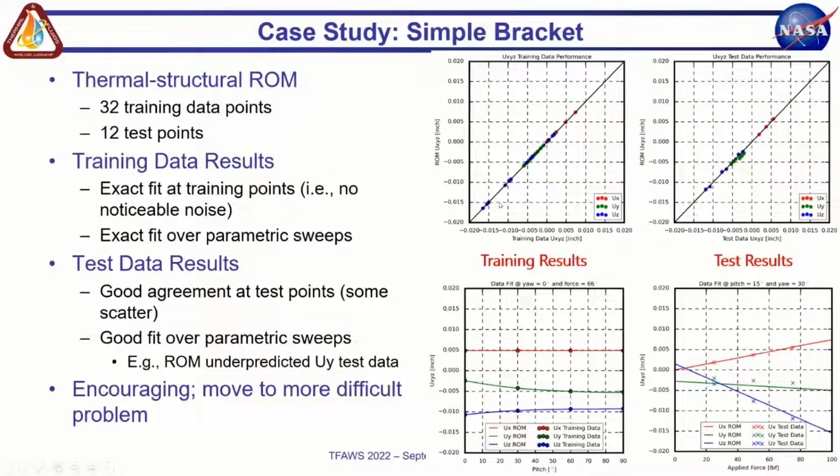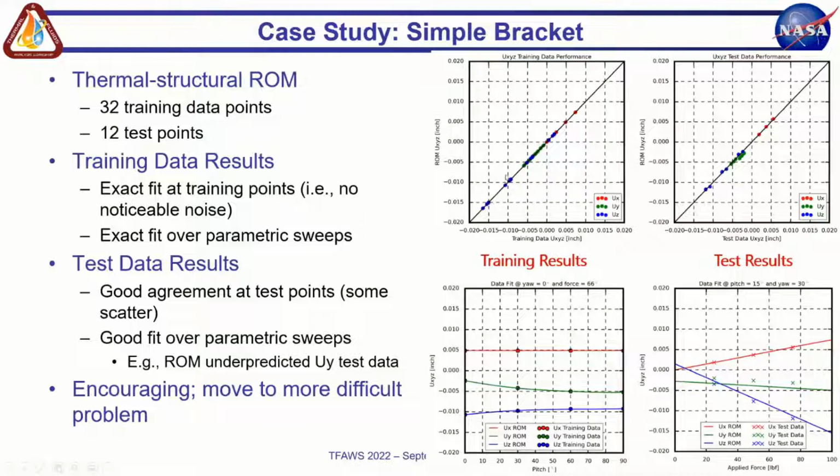And so we took those 32 training data points and we used that to develop the reduced order model. And we can see the training results here on the upper left and lower left. What this shows is the reduced order model predictions against the training data, or essentially the truth results. And we would certainly expect that these values should be in perfect agreement, meaning that our model perfectly matches the truth results to the reduced order model results.